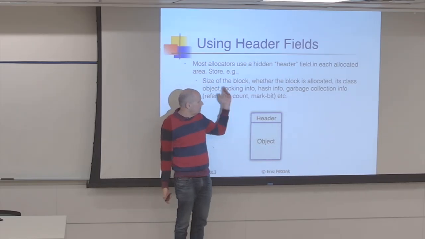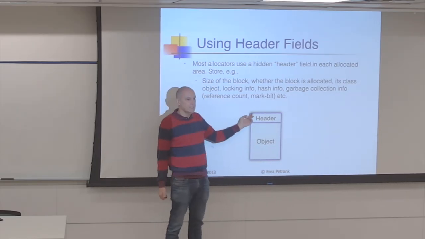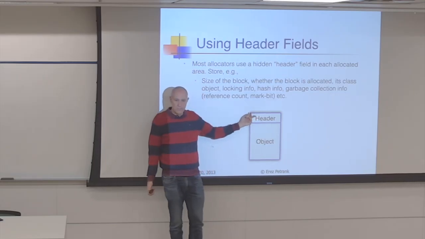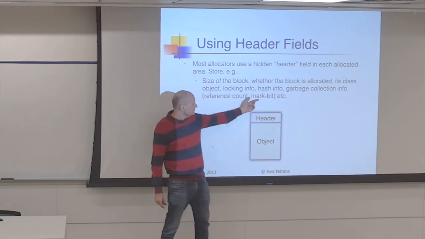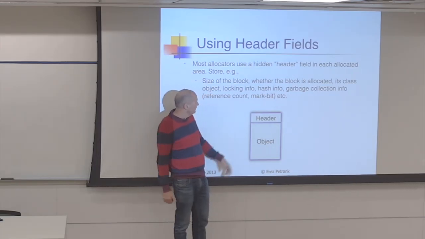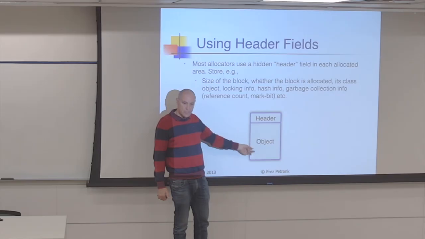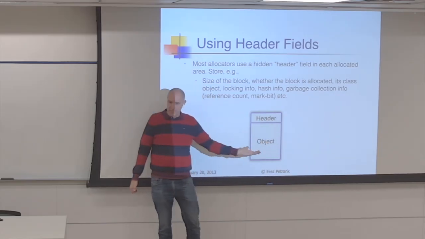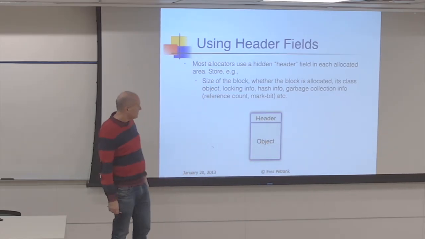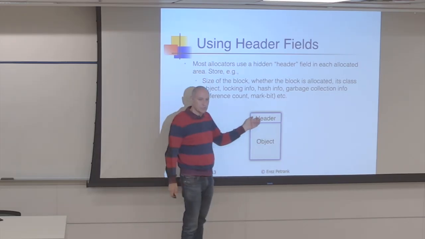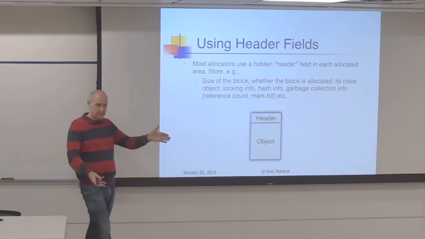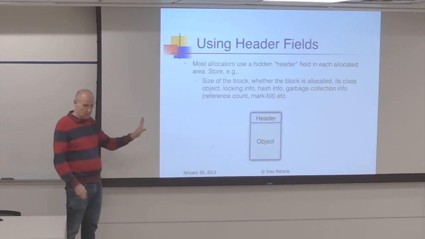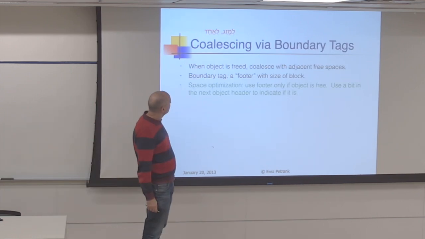And there are lots of things that are kept, maybe mark bits for the garbage collection or reference counting. In Java, you have hash info, you have locking. If you want to lock an object, you keep locking information. There's various stuff that you want to keep in the header, and it's always there. So assume if you're allocating some bytes, actually there'll be more bytes allocated.